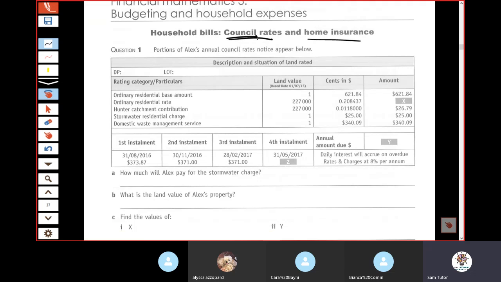Council rates is a rate that you've got to pay to the council for providing, let's say, waste services. So they pick up your recycling, garbage, and whatnot. Stormwater services. So there it is.